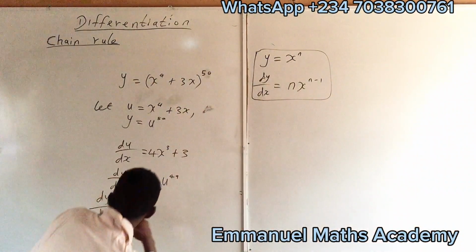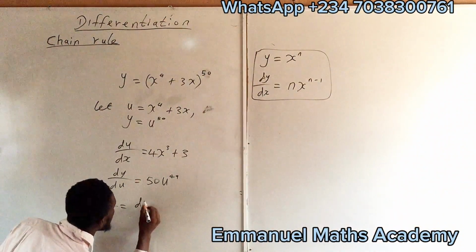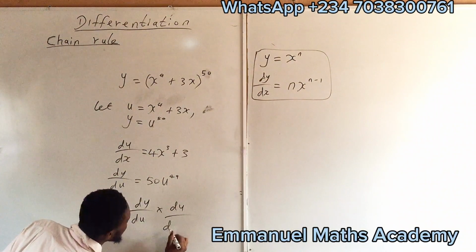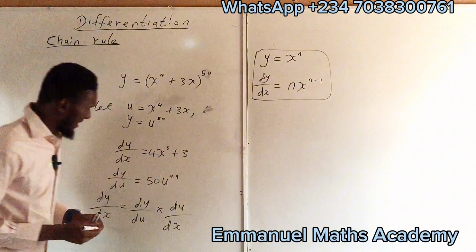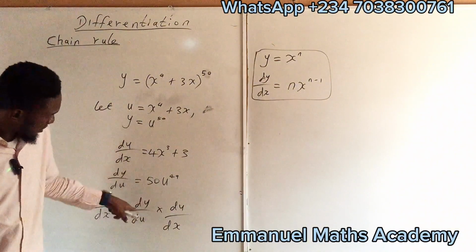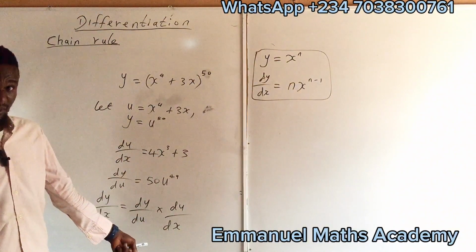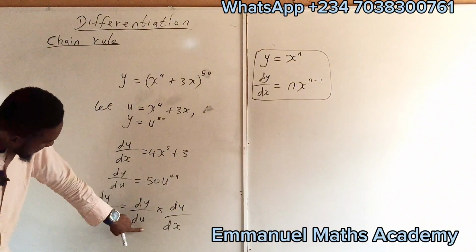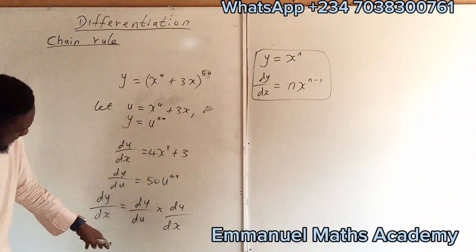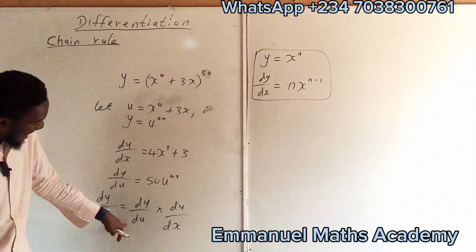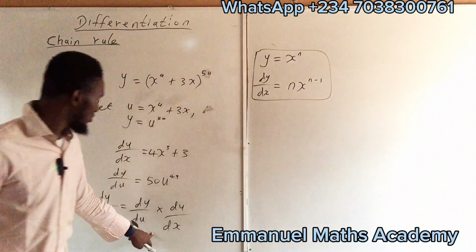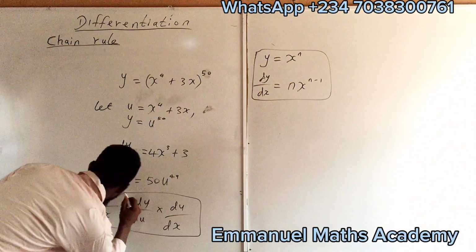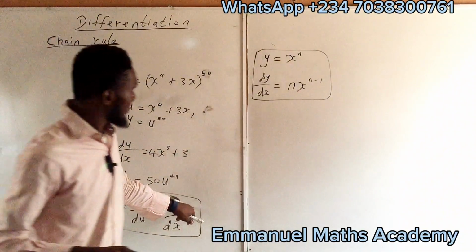If you decide to express dy dx as dy du times du dx, it's still the same thing, because if you cancel du, you still have your dy dx. Now this is your chain rule.